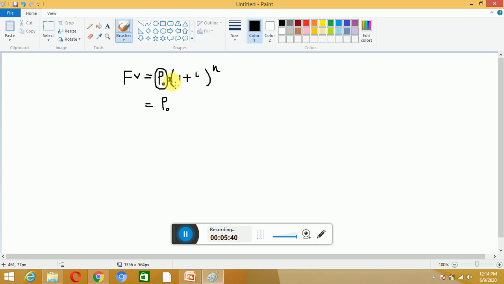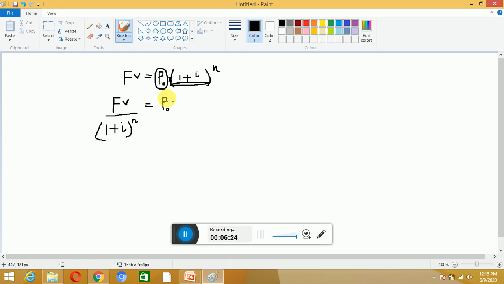This (1 plus I) is multiplying with P naught. When we want to take something to the other side, if it is multiplied, we will divide it. So on the other side it will be in division, it will go down, raised to the power n.